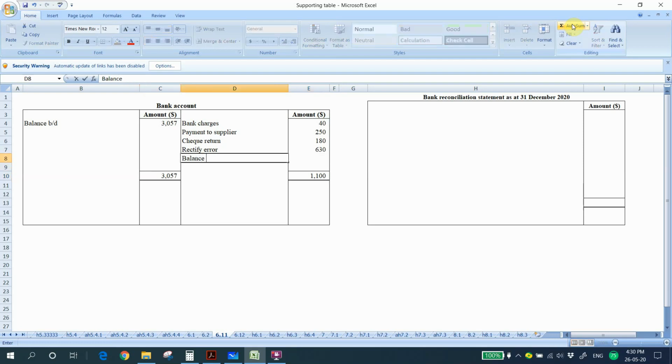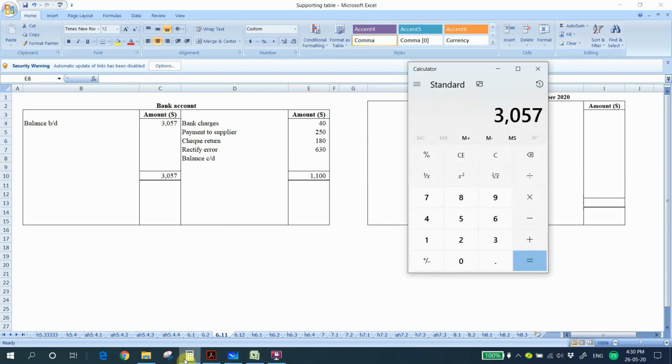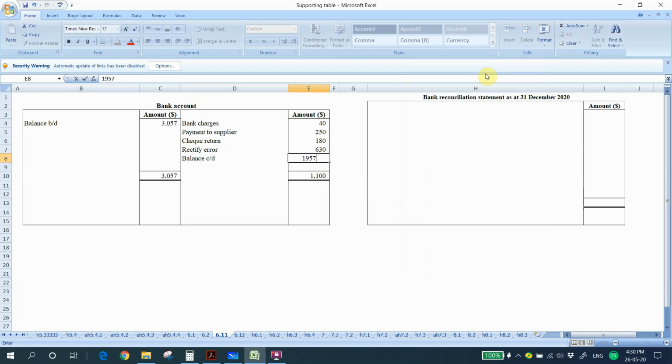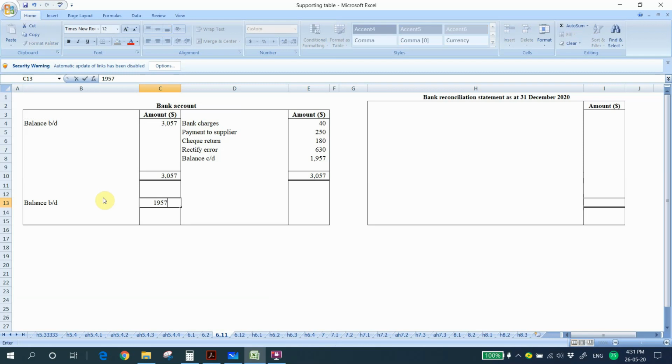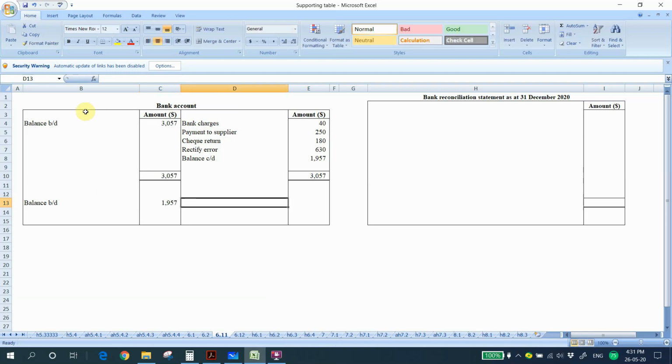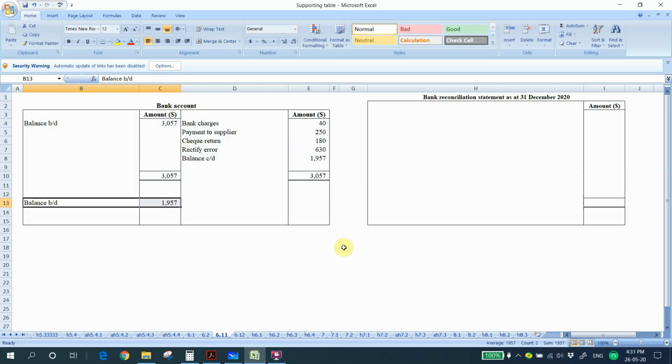So the balance c/d will be 3057 minus 1100, 1957. So the balance b/d we put here 1957. So we have completed the revised bank account, and the new balance in your GL will be 1957.